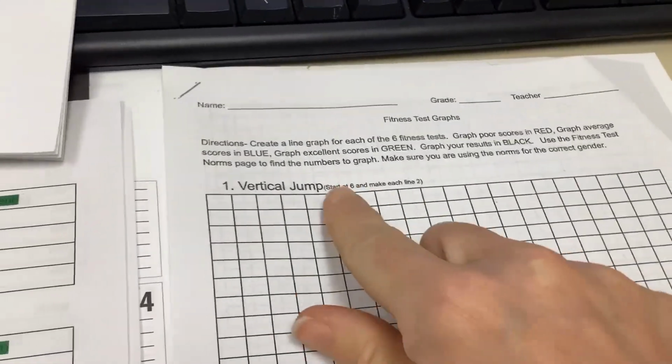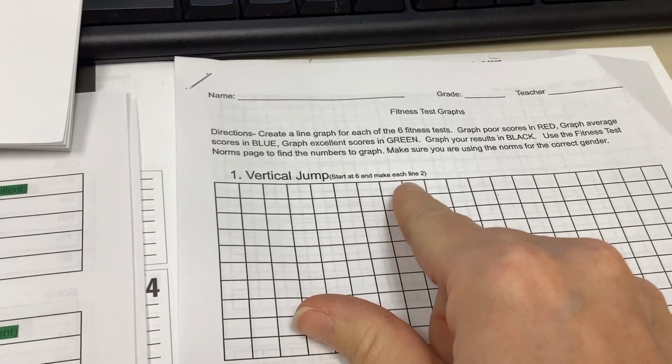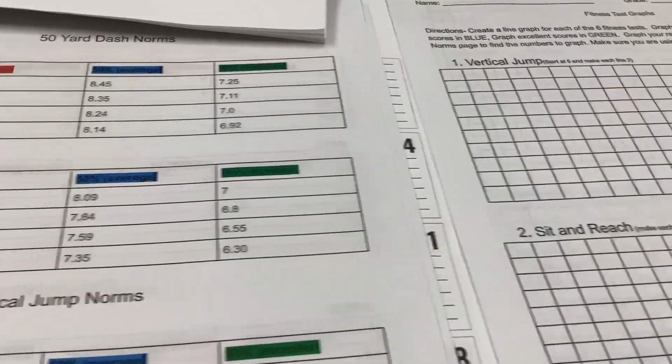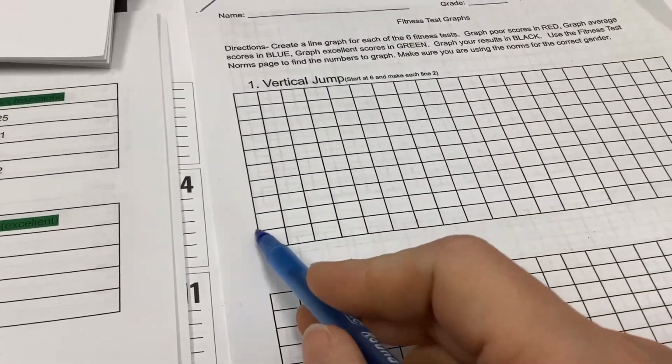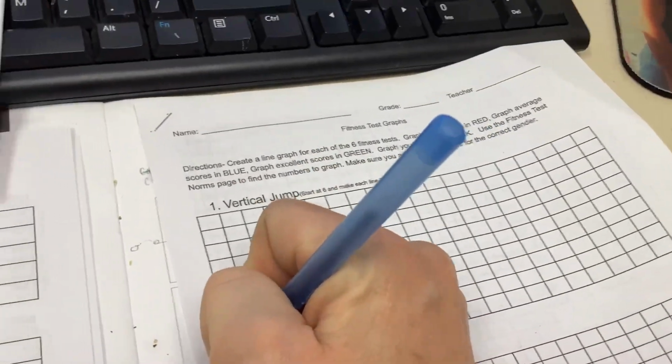Okay, so we're going to start off with vertical jump. And if you look at this, it says you're going to start at 6 and make each line 2. So whatever you want to use, I'm just going to use a pen to label my graphs. So I'm going to start at 6, which I'm going to start down here. So this line is going to be 6. It tells you to go up by 2.